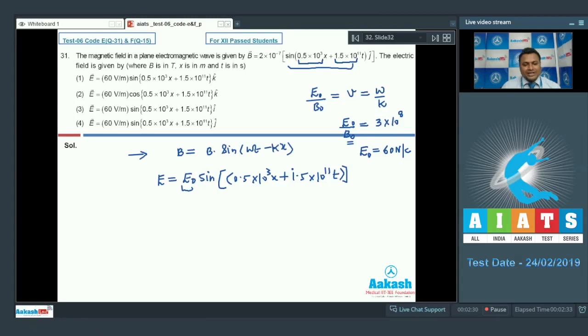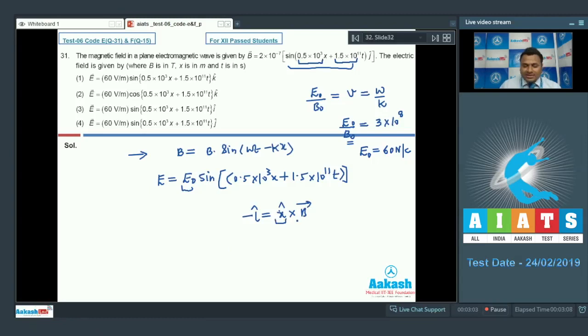Now let's get the direction of oscillation of electric field. The wave is propagating along minus i cap, and we know that the direction of wave propagation will always be perpendicular to vector B and vector E. So we can write that the wave will always propagate along the direction of electric field cross magnetic field.